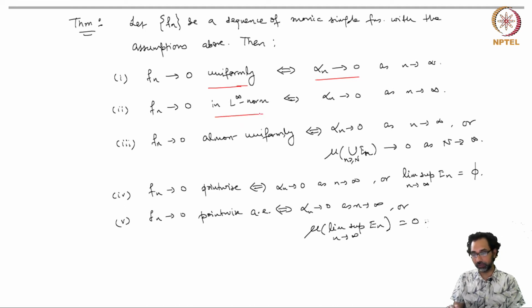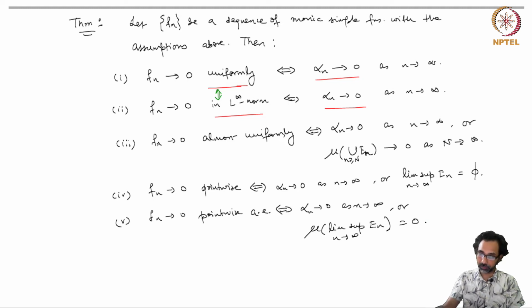Similarly, Fn converges to 0 in L infinity norm if and only if the heights converge to 0 as n goes to infinity. We have already seen that uniform convergence implies L infinity convergence, but here we can reverse this arrow and have an if and only if condition: uniform convergence and L infinity norm convergence are equivalent. This is for monic simple functions that satisfy the assumptions that we have stated.